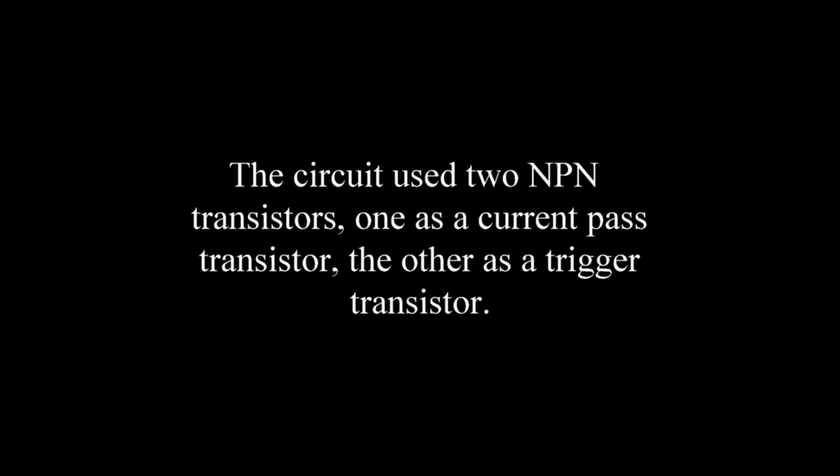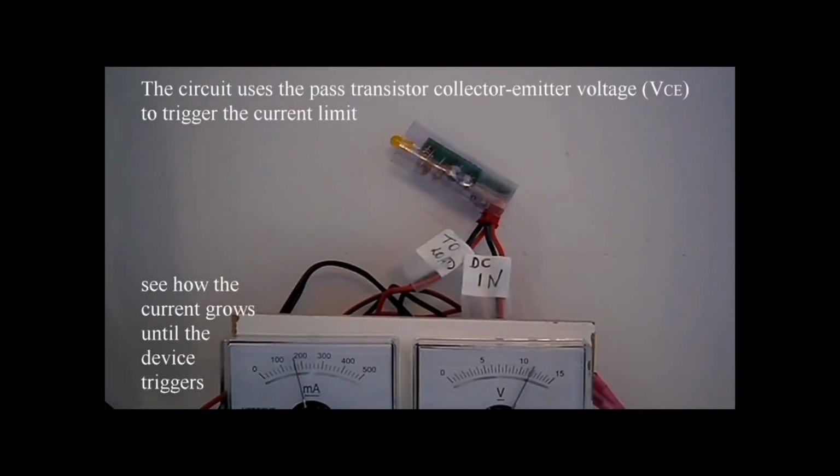In my last video, I showed how a current limiting circuit could be built without the need for heat sinking devices and/or a sensor resistor. The circuit used two NPN transistors: one as a current pass transistor, the other as a trigger transistor. The circuit uses the pass transistor collector emitter voltage, VCE, to trigger the current limit.